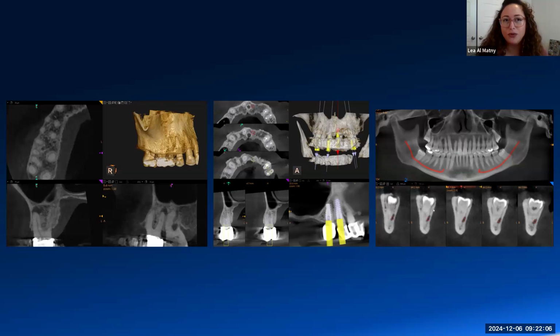So anytime you need imaging for a new patient exam, I think it's important to pause for a second and think, well, what does this patient eventually need? Will he need implants? Will they need root canal treatment? Are there any surprises within the patient's jaw that I should know about today? And at that point, decide if a full mouth series is more than enough, or do I just take a CBCT scan?